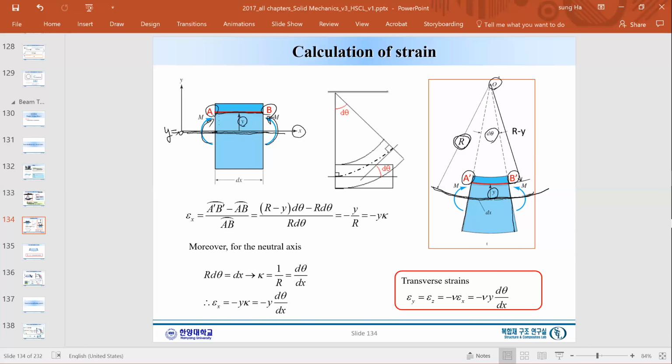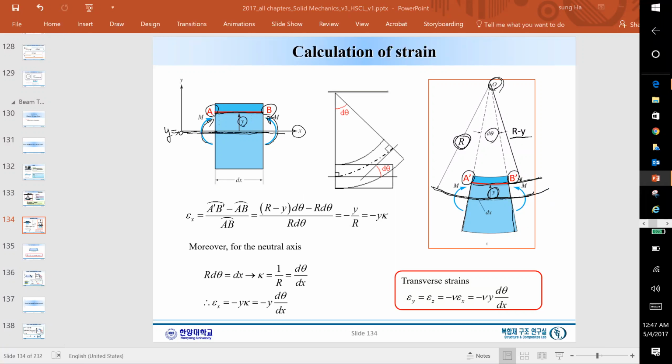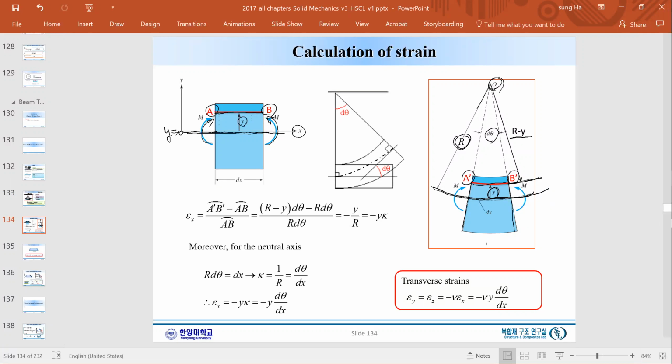So this radius from 0 to this line will be r minus y, because this one is y, and from here to there is r. So from the center to this position is simply r minus y. That is what we need to derive this strain in terms of y.